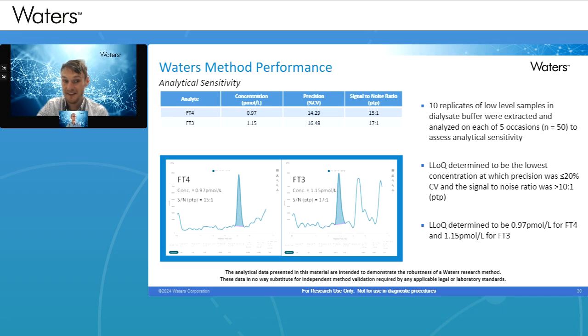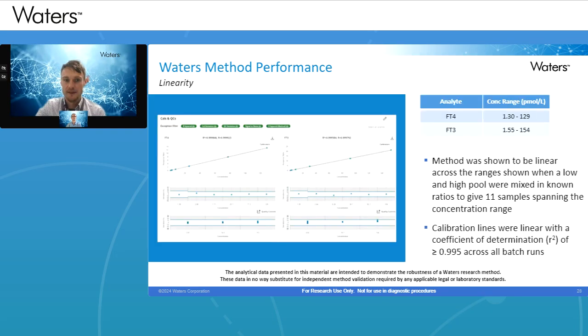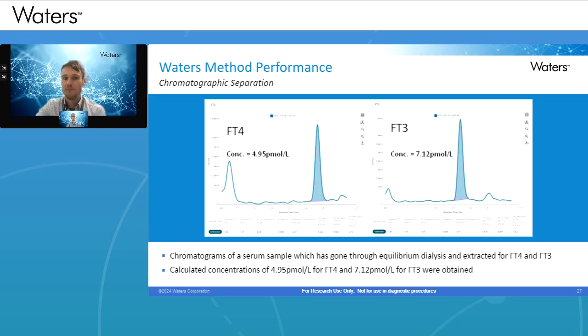So that's our 1 picomole per liter sample, which is a really low level. Admittedly, this is spiked dialysate, so with a serum sample, we may get slightly more background.